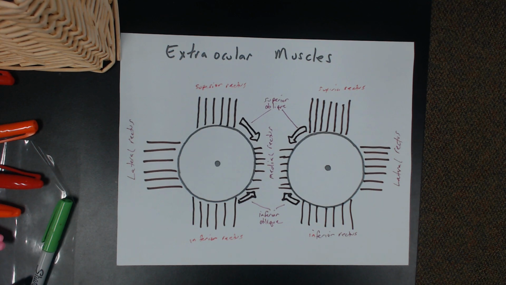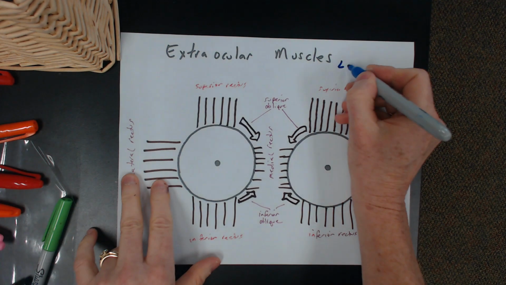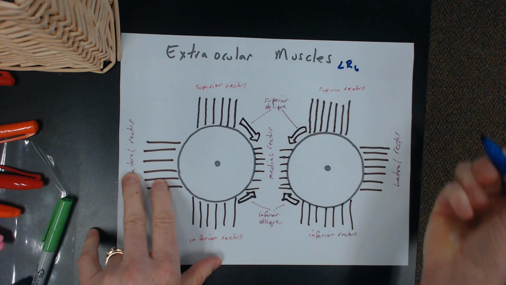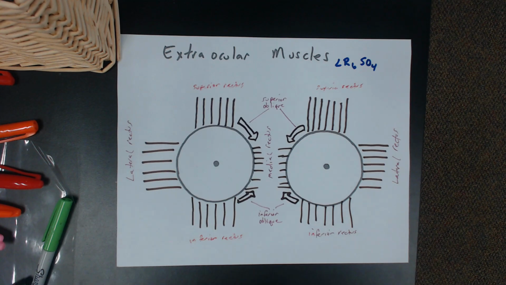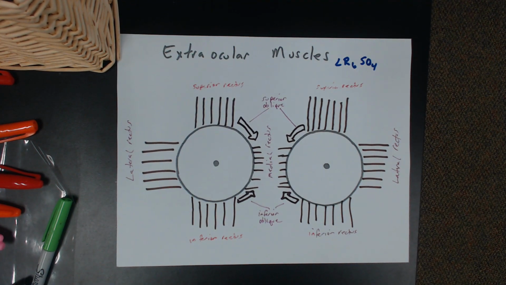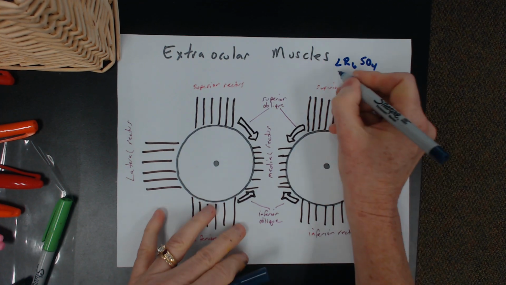And like I said previously, the majority of these muscles are innervated by cranial nerve number 3, your oculomotor. To remember which ones are not and which ones are different, I have a simple chemical formula for all you budding chemists out there. So it's going to be LR6SO4. Okay, LR6SO4, and then all the others are cranial nerve number 3.